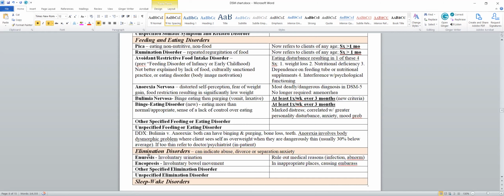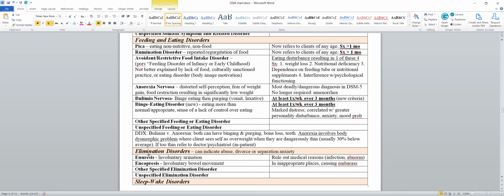Feeding and eating disorders. The subcategories under feeding and eating disorders include pica, rumination disorder, avoidant restrictive food intake disorder, anorexia nervosa, bulimia nervosa, binge eating disorder, which is new, other specified feeding or eating disorder, unspecified feeding or eating disorder.